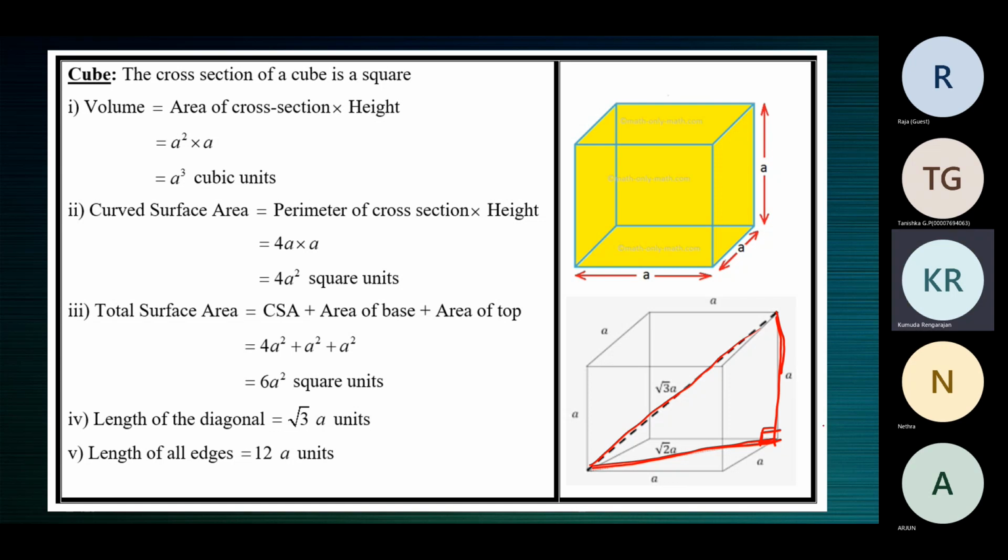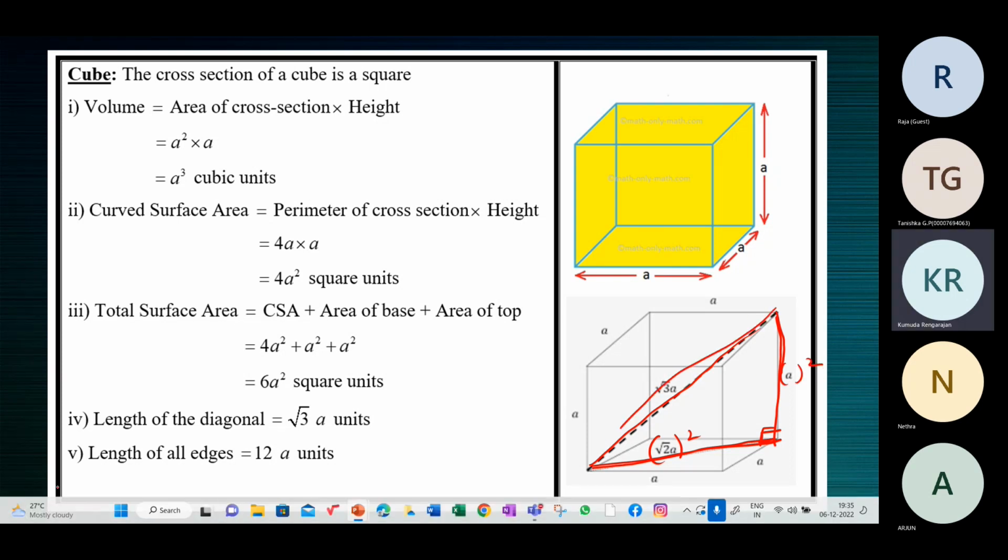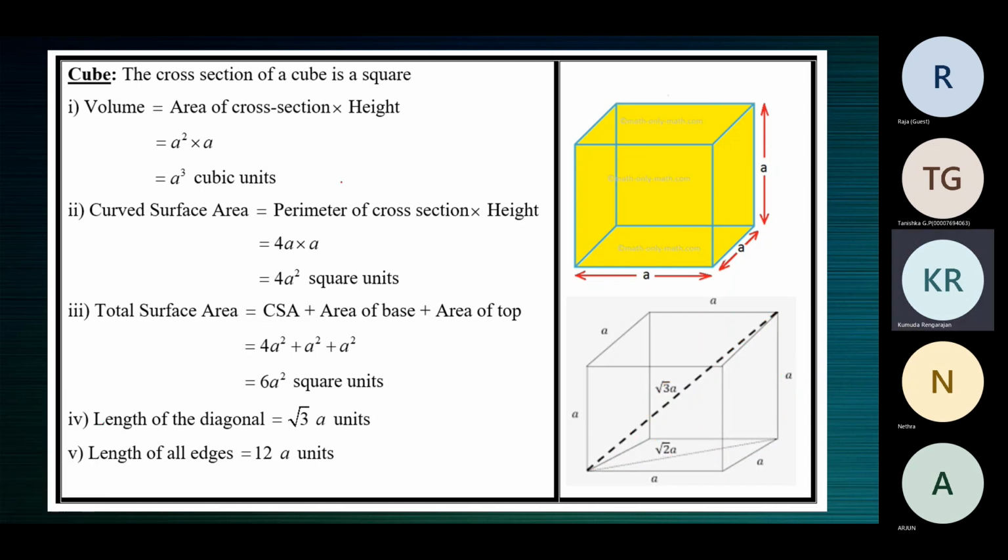So by using Pythagoras theorem, the square on this side plus the square on this side, you will get the square of the hypotenuse. How do you use the theorem? See here, it's like this. This is the diagonal. This is root 2a, and this is a.